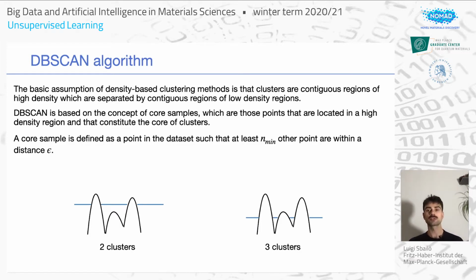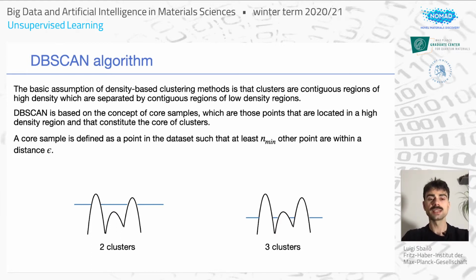First of all, let's have a description of what density-based algorithms are. What are the basic assumptions? What you can see is a very typical example that you can find to explain how density-based algorithms are characterized.